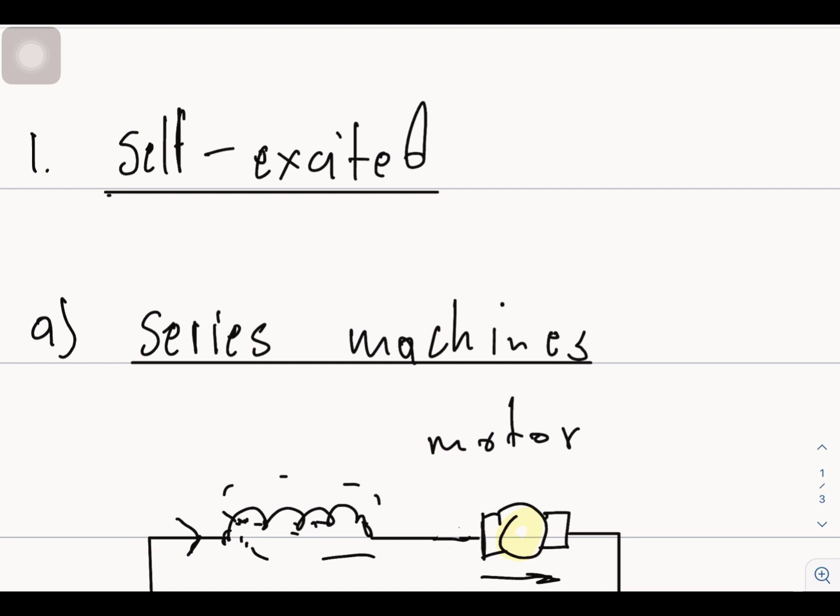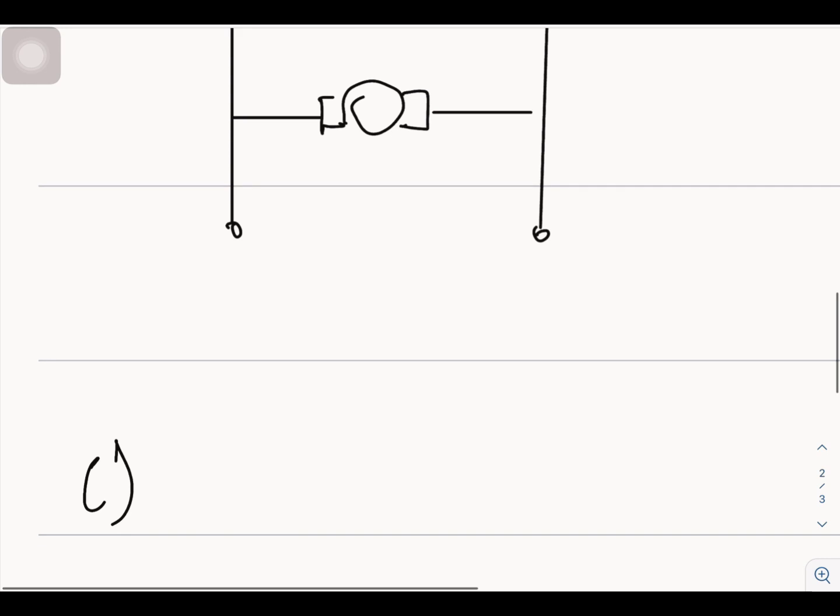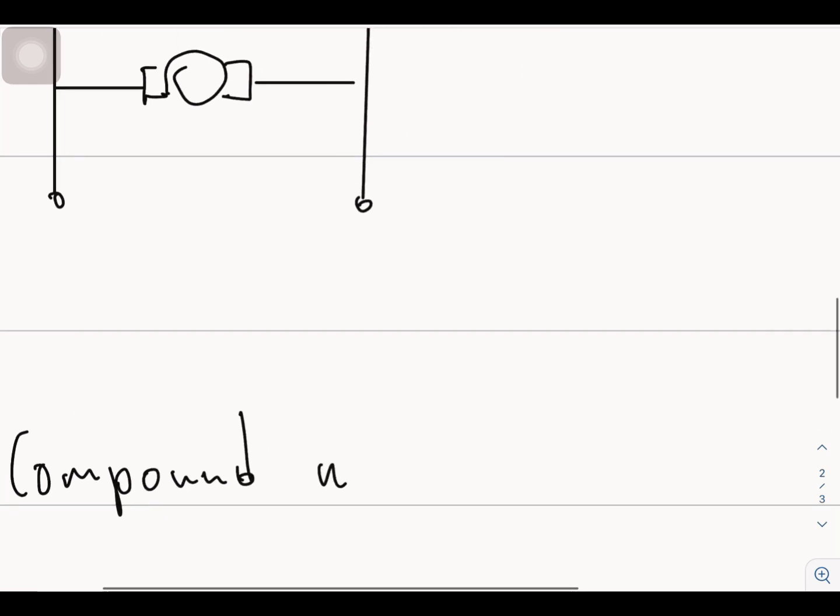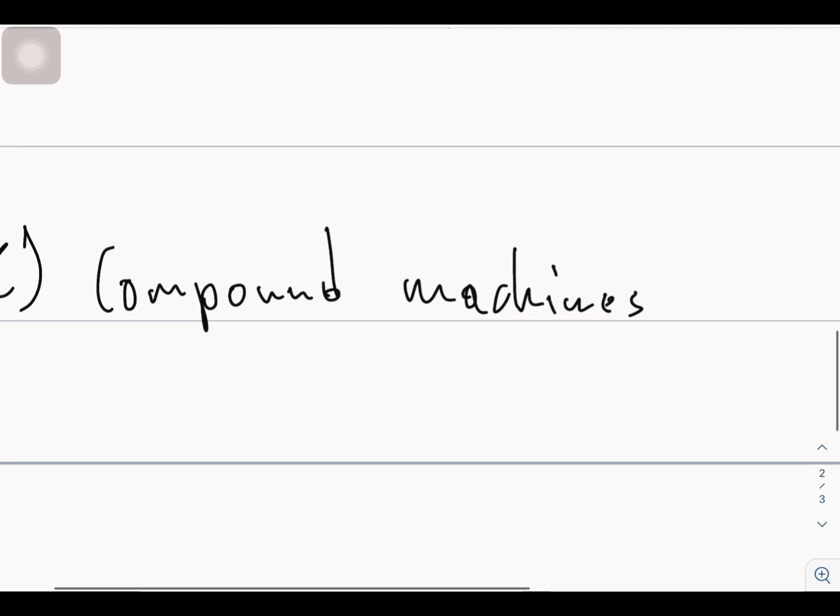Then the last type of self-excited machine is a compound machine. We know that compound means it's something that is combined.